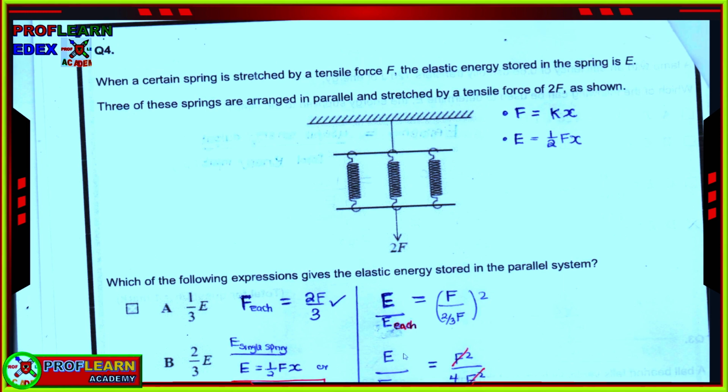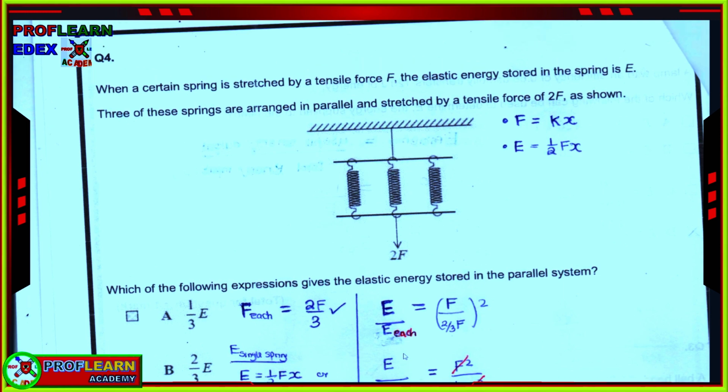Now, sometimes you'll be given an arrangement of springs, and springs can be either in series or in parallel. The key formula you ought to remember in this topic is that force equals kx, and this is what we call Hooke's law.